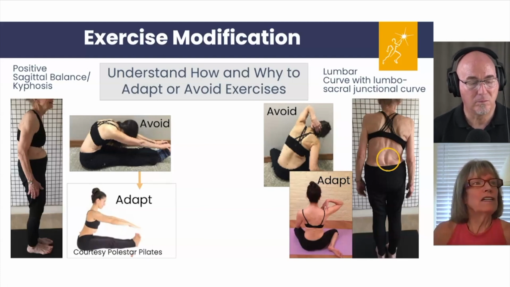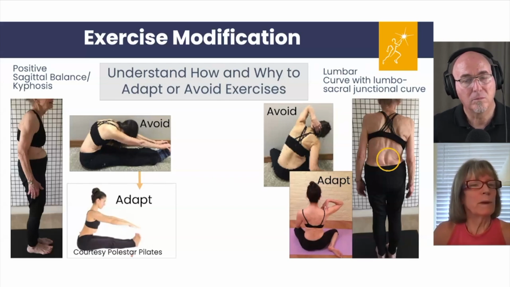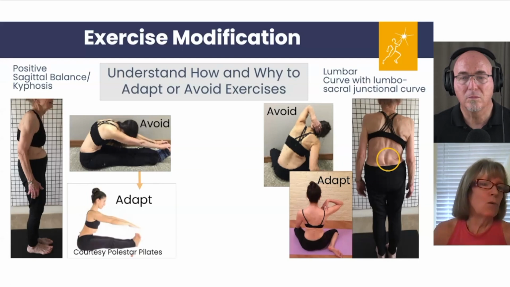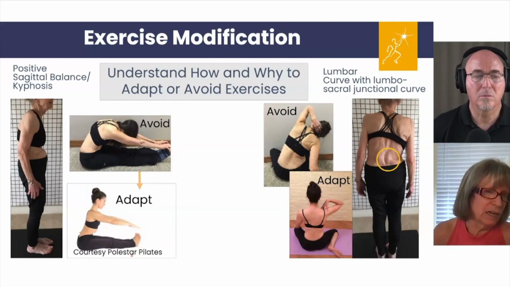Here are some ways of possibly working with people with adult spinal disorders. This is a patient of mine who has positive sagittal balance. How do we know that? We did the wall to T1 distance with her. So we're going to avoid doing a lot of forward bending things, and we're going to adapt so that she doesn't continue to collapse in the front.